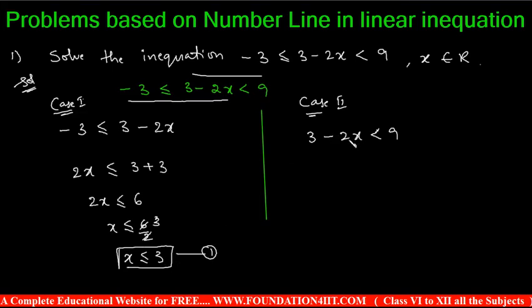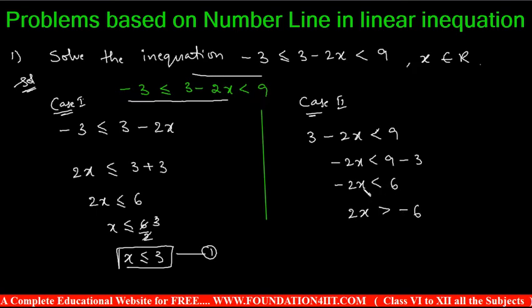Now the next one: minus 2x less than 3, take to the right side, 9 minus 3. Okay, minus 2x is less than 6. To make minus 2x positive, I should multiply by minus 1 on both sides. So this becomes 2x, and in that case less than becomes greater than. We solved this in the previous topic. That is minus 6.